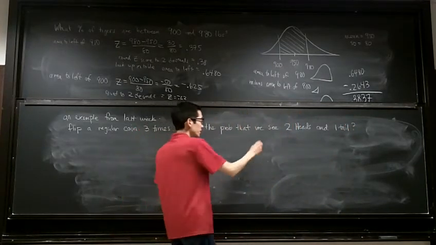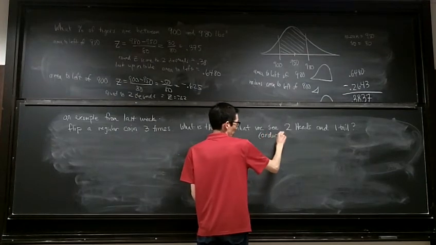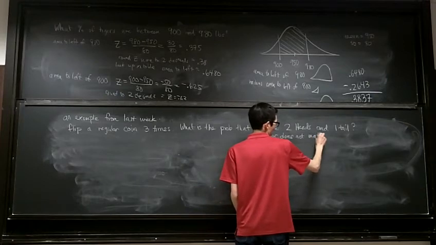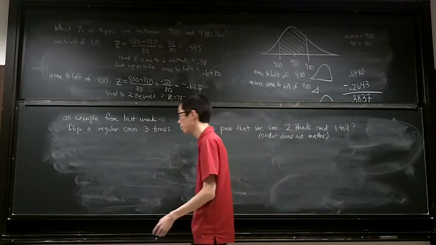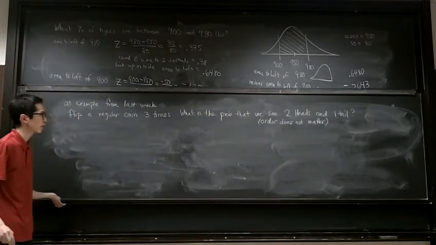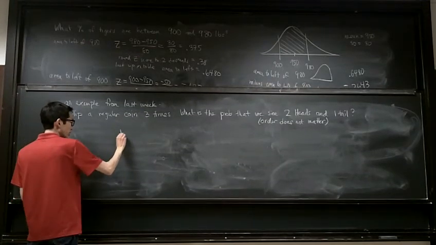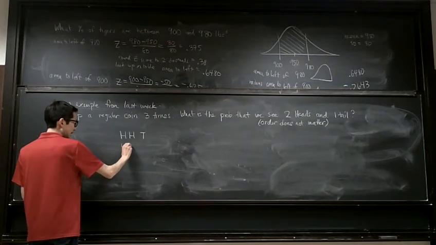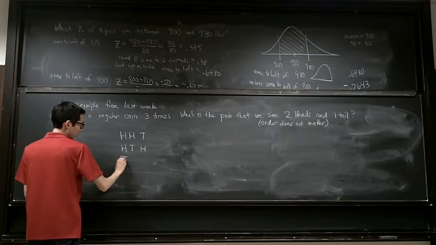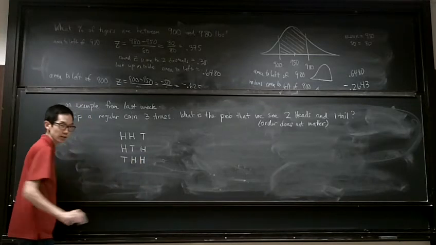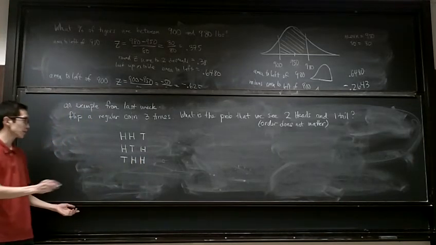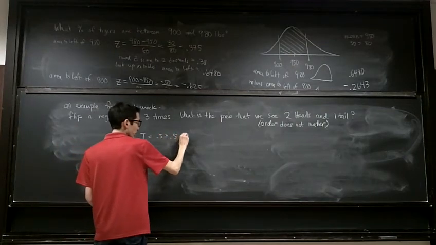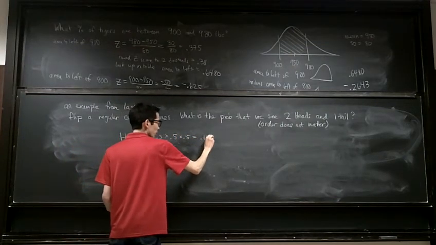And then I said the order doesn't matter, right? And so the way we did this was we said, okay, one way we can get it is heads, heads, tails. Another way is heads, tails, heads, and tails, heads, heads. And then I said the probability of this is going to be 0.5 times 0.5 times 0.5, which is equal to 0.125.